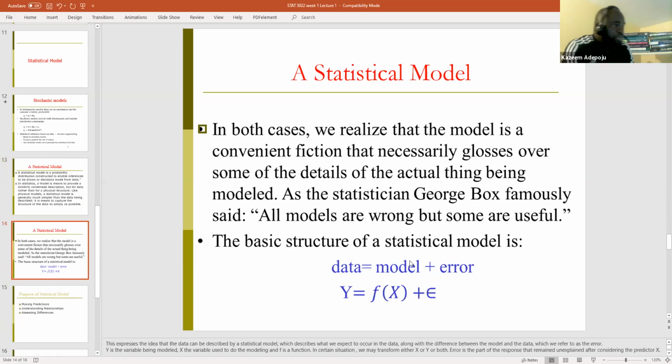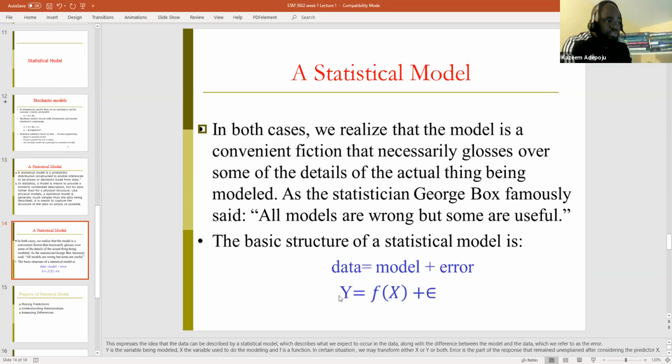I'm actually going to give you this. Take a look at the basic structure of a statistical model. When I talk about a statistical model, I'm going to have data equals model plus error. My data is y, then my model is going to be f of x. In a situation where I have two variables, one is a response and the other is the independent or predictor variable.